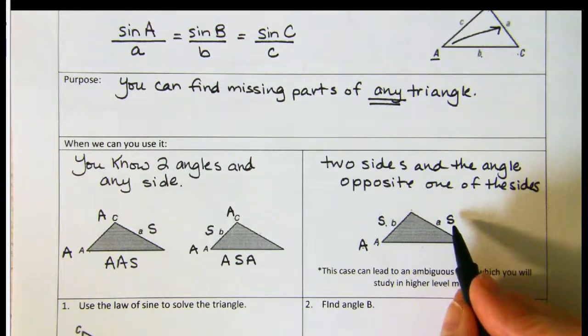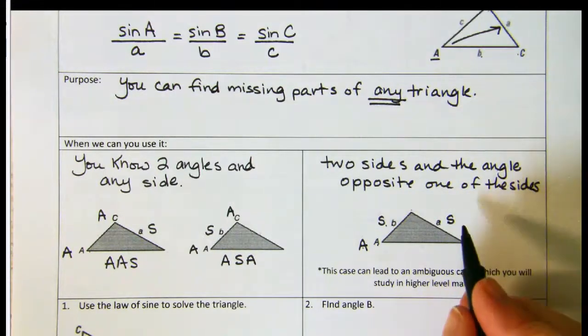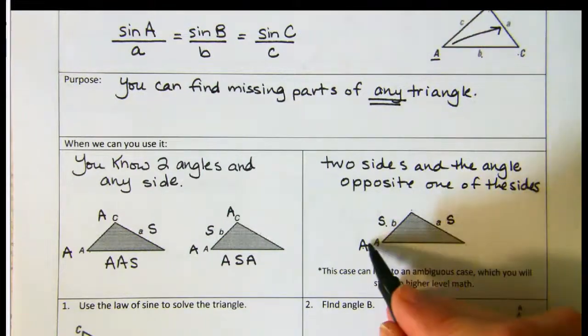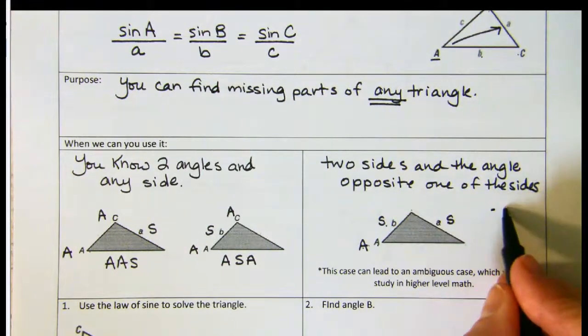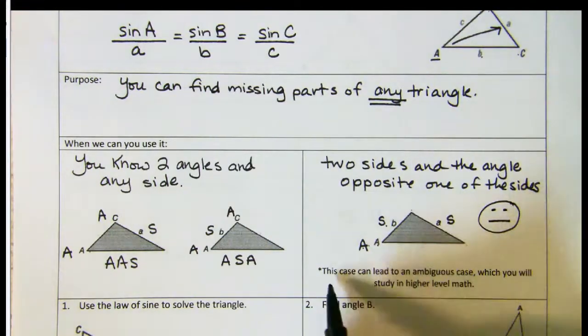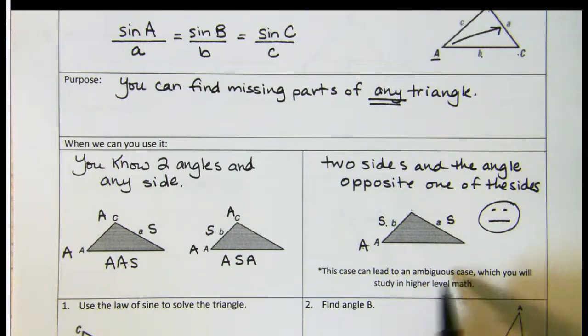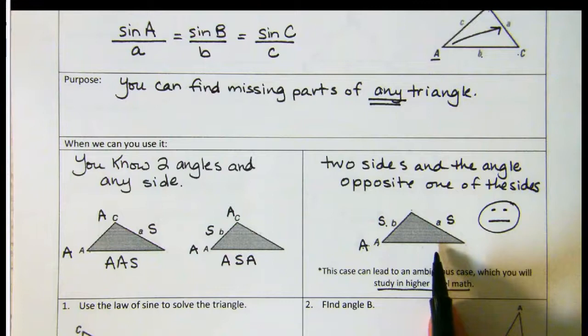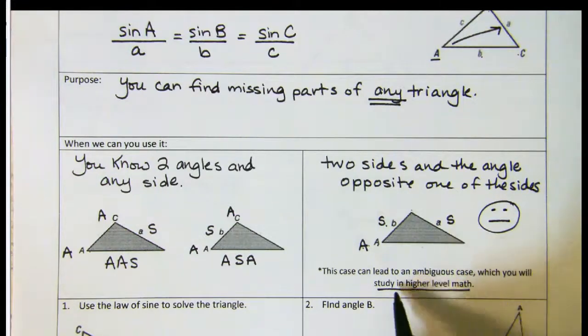When we were proving triangles congruent, we called this the donkey theorem. I'm not going to give it a smiley face because I have a note here. It says this case can lead to an ambiguous case which you will study at higher level math. So you have to trust me that when I give you problems, I am only going to be asking you for one thing, and it's not going to be the ambiguous case, which you will study much later in trig.